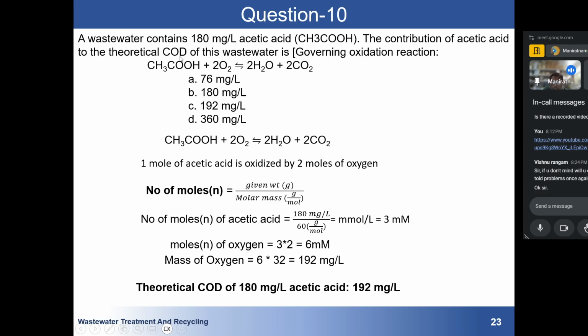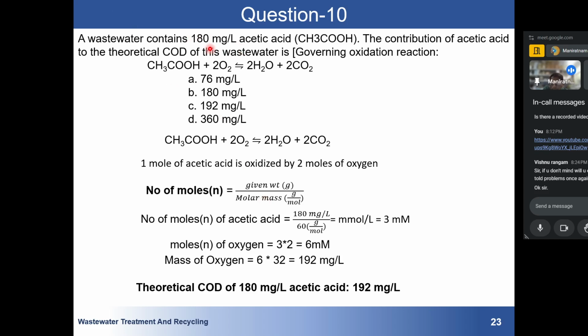The contribution of acetic acid to theoretical COD, given that this is the oxidation reaction. Just simple stoichiometry was supposed to be done: from this equation we can see that 1 mole of acetate consumes 2 moles of oxygen, and we know that the number of moles is given by given weight divided by the molar mass of that compound.